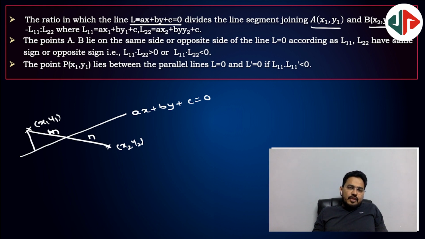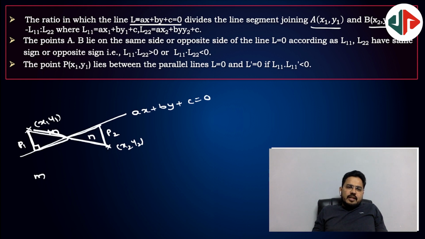Simply you drop the perpendicular here, you drop the perpendicular. This is p1, this is p2. So these are two similar triangles.